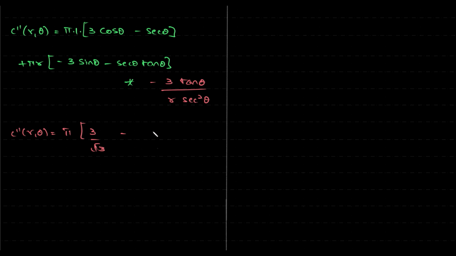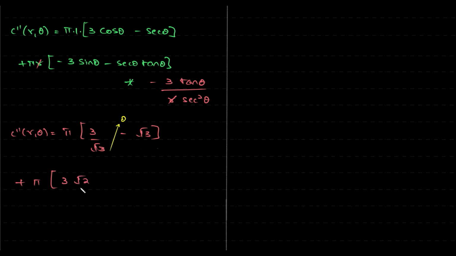This term goes to 0. Right? So it's not that hard. Please think about it. Then we have this r and this r gets cancelled, and then we have overall minus, minus, and minus, so this will continue to be plus, and we have 3.